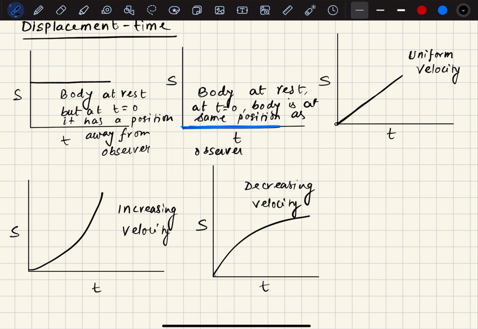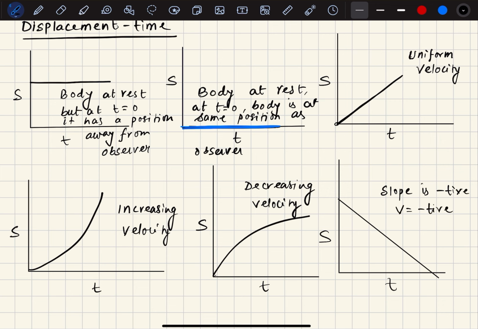Okay, what about this? What about this? Here the slope is negative. Slope is negative means velocity is negative. Velocity is negative means the body is traveling towards the observer.